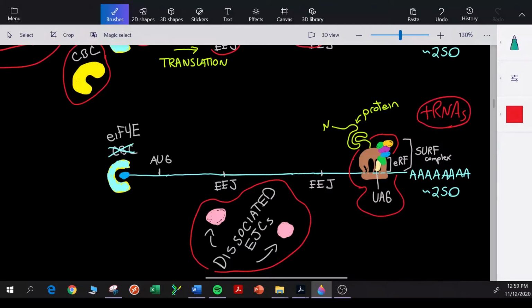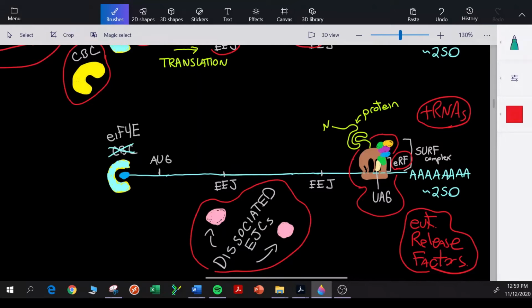The three stop codons are recognized by eRFs, eukaryotic release factors. There are 3 of these. And what the eRFs do is recognize the stop codons and help initiate translation termination.